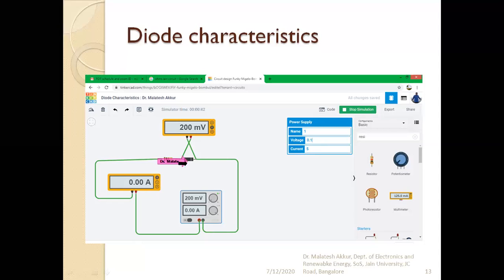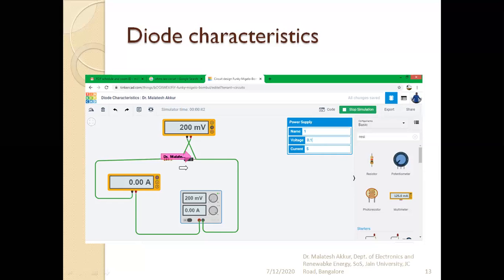We know the technique of identifying which is the N type and P type, or the anode and cathode. P type is also called the anode, and N type is also called the cathode. This silver color ring is the cathode, or the N type we can say.